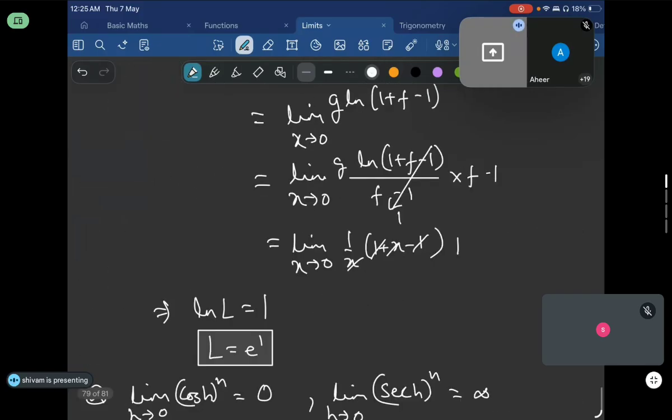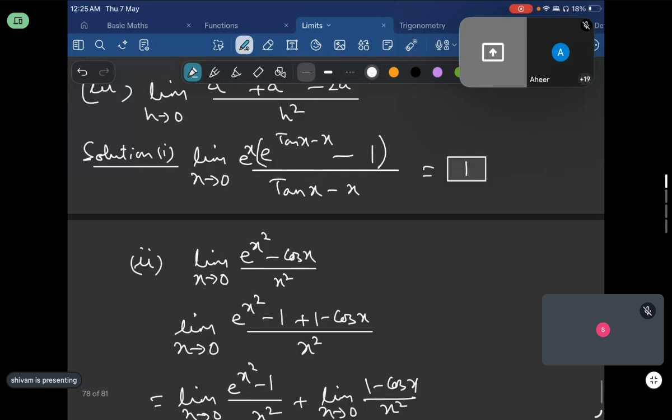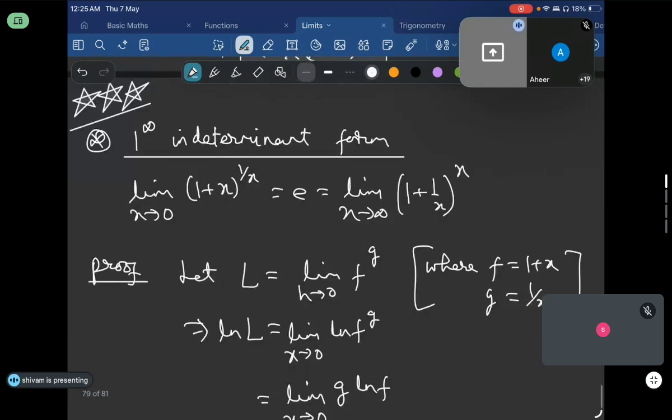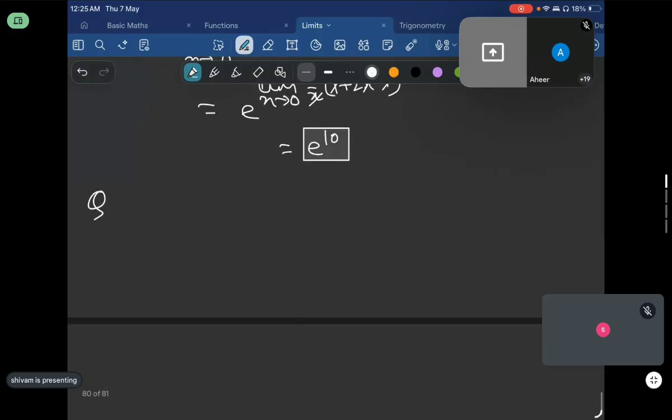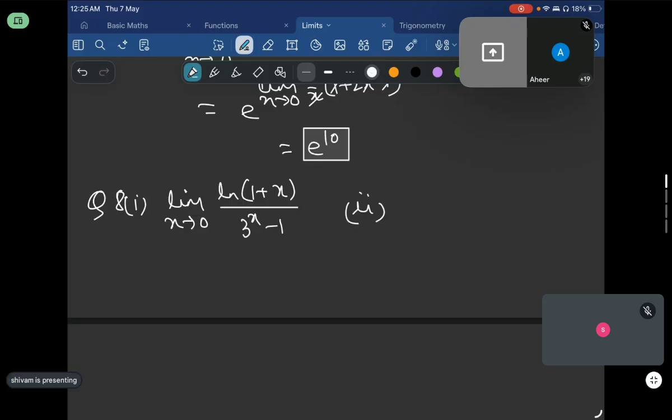Question number 8, part 1. Limit x tends to 0, ln 1 plus x upon 3 to the power x minus 1. Part 2. Limit x tends to e, ln x minus 1 upon x minus e.